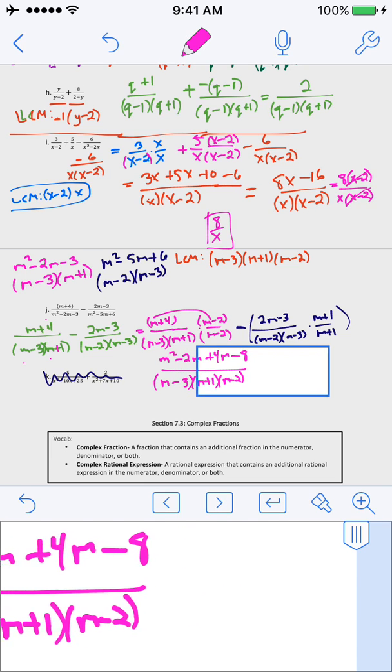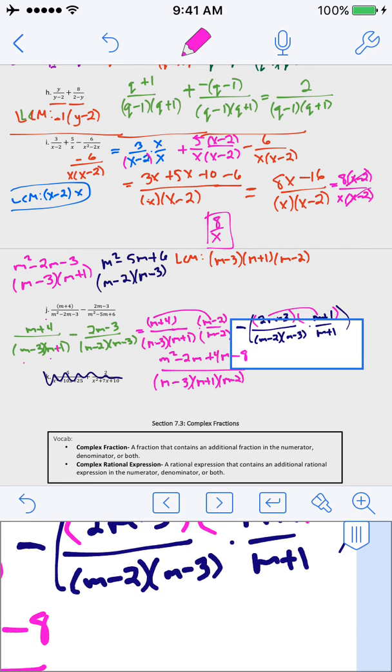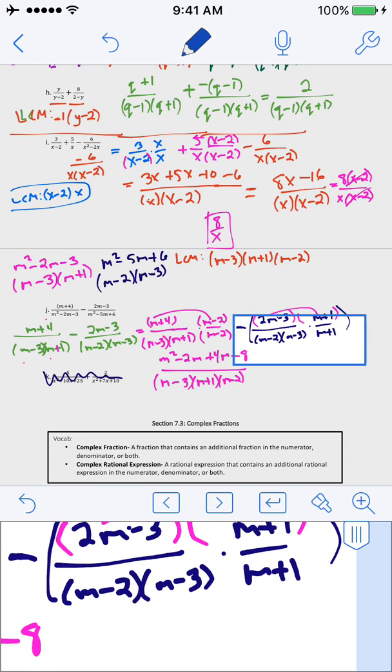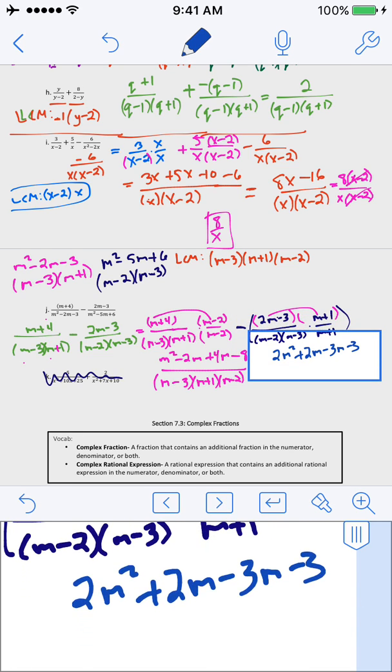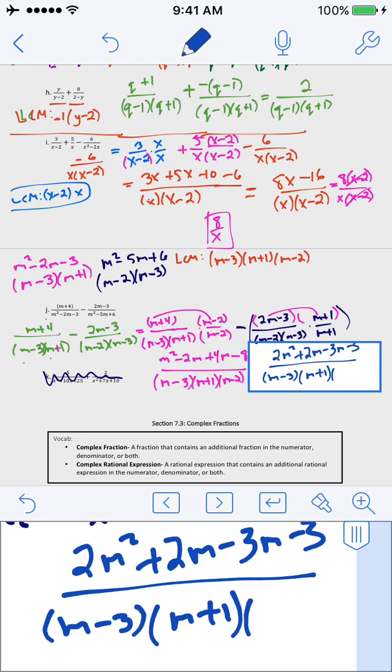And then over here, we have this one times this one. So that would be 2m squared plus 2m minus 3m minus 3 over still the m minus 3, m plus 1, m minus 2 LCM, right?